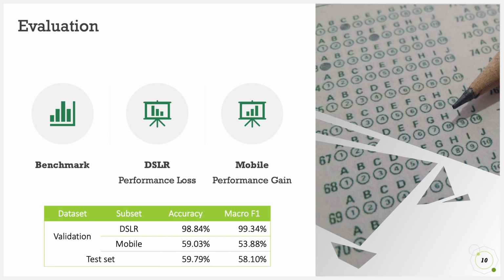The evaluation is done by comparing the results with the benchmark, which is the binary classification model that classifies between cultivated and weedy rice, with the same architecture as shown in the previous slide. The model was trained on DSLR images and tested with validation and test sets.